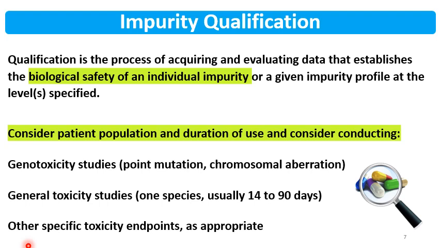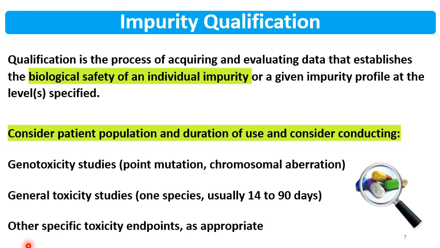Now, if the product crosses those limits, like in RLD or the monograph limits or the ICH limits, that time the qualification is required. Why? Because the product contains impurity level higher than the ICH thresholds or the monograph thresholds.